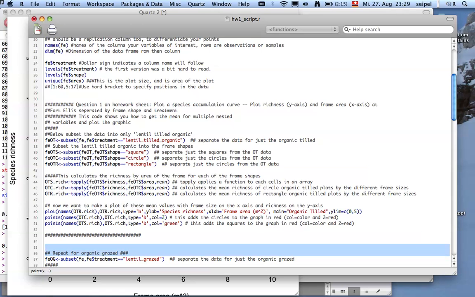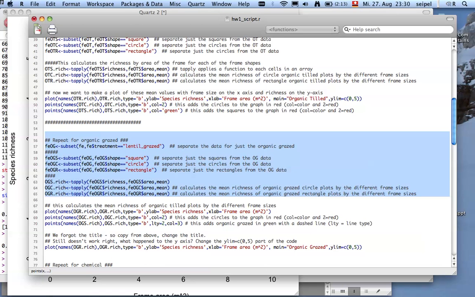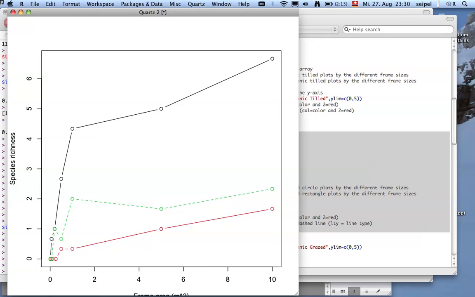So basically, we just have to repeat the same code for lentils grazed. You can see we added it there.